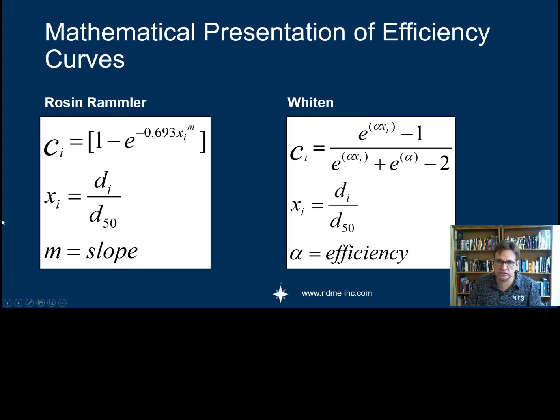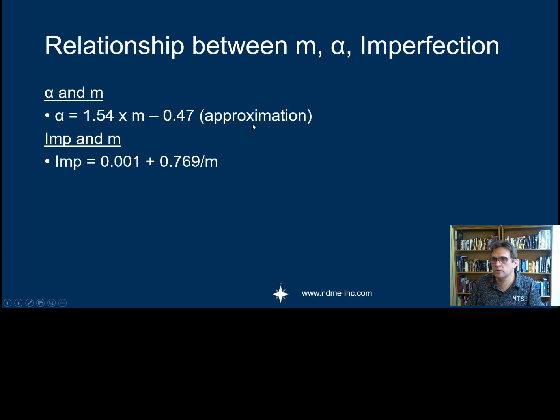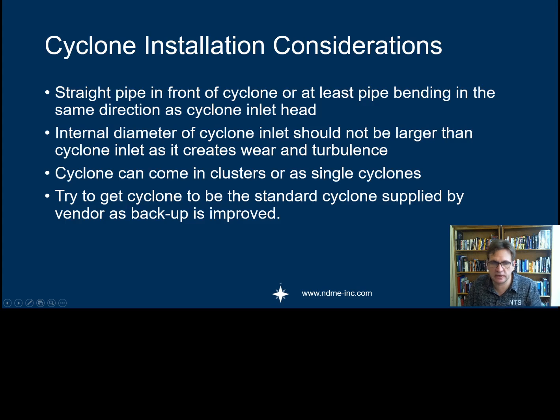But the good news is there are some relationships between the alpha and the M, so this you could call your universal Babel translator between the alpha, the M, and the imperfection. And remember, in that graph I showed, I also showed the formula of imperfection.